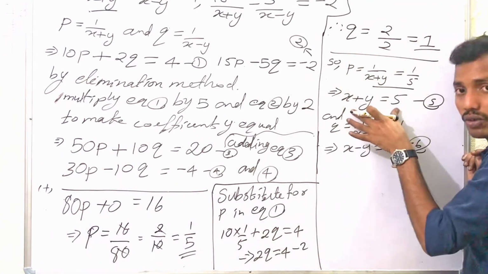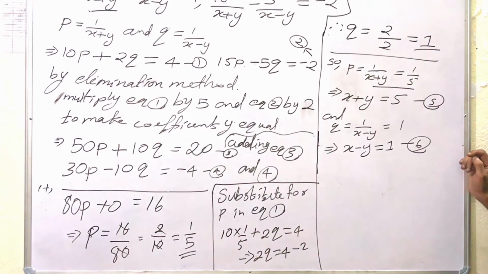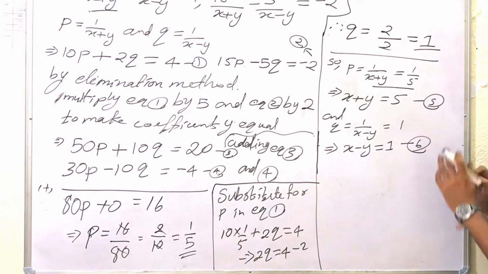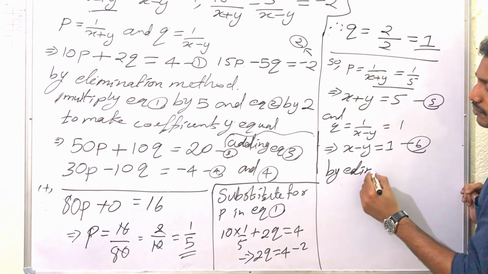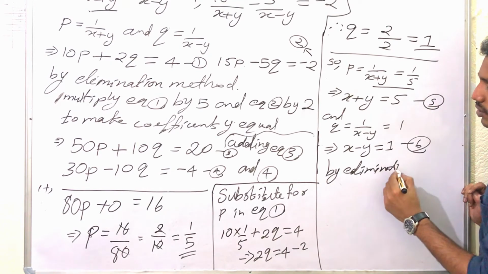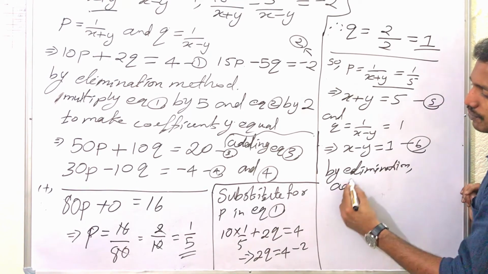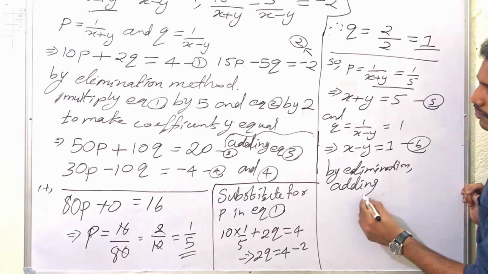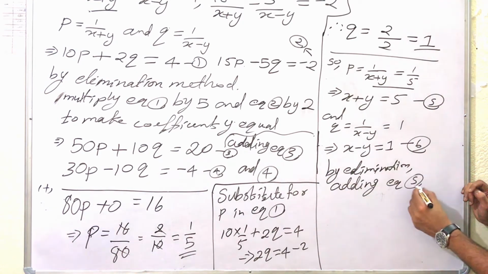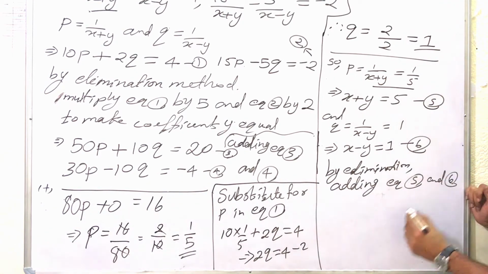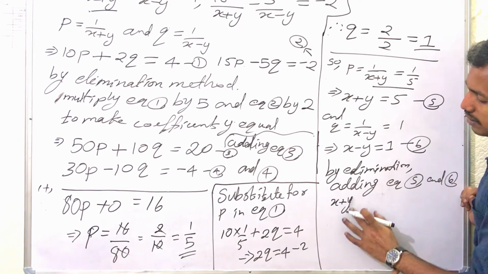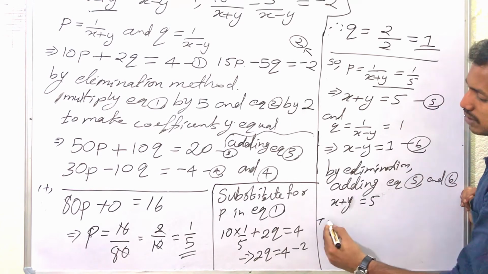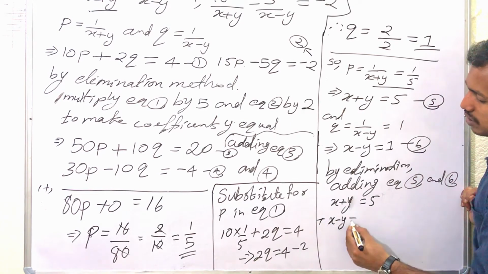Now again we have got two linear equations. Again we need to solve these two equations. So we can solve by elimination method. By elimination, adding equation 5 and 6, we get x plus y is equal to 5 plus x minus y is equal to 1.